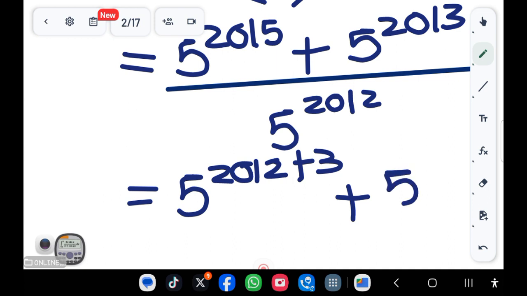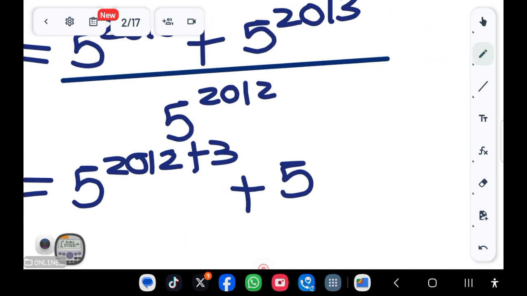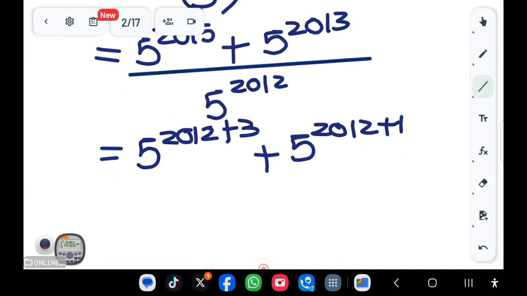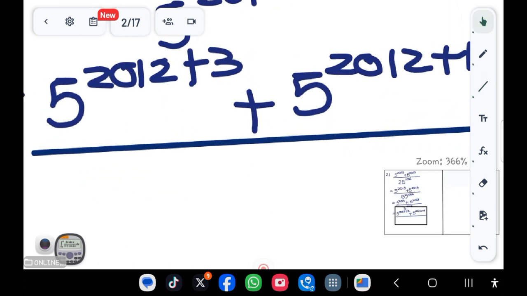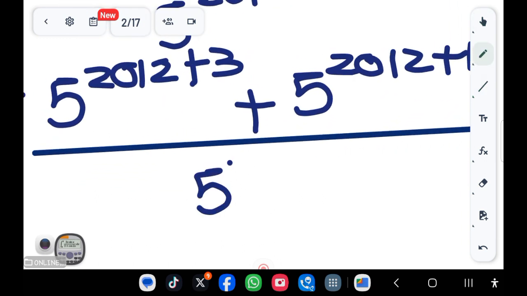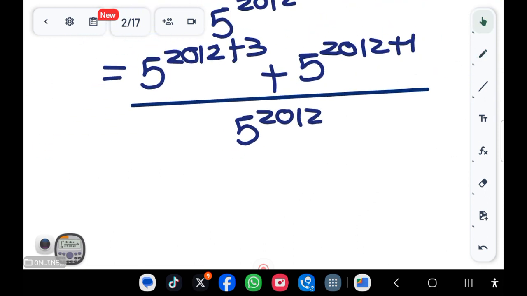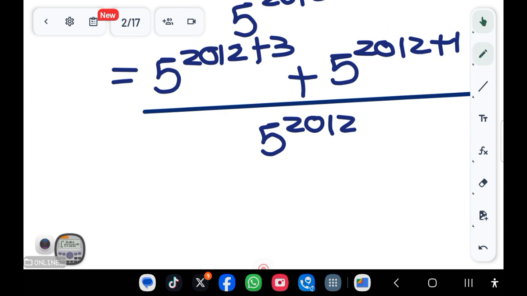Same story for the other one. It can be written as 5 to the power of 2012 plus 1 all over 5 to the power of 2012, so that we can take out a common factor, and the common factor is 5 to the power of 2012.